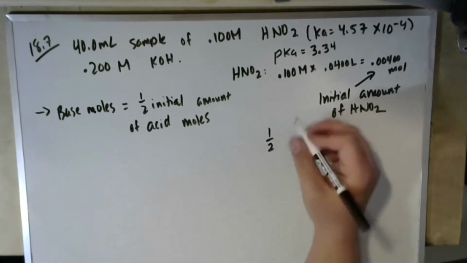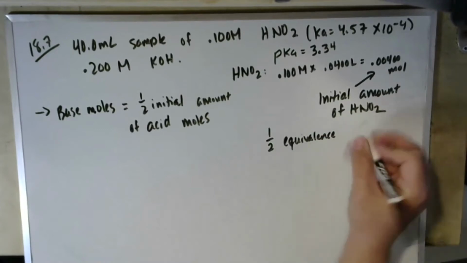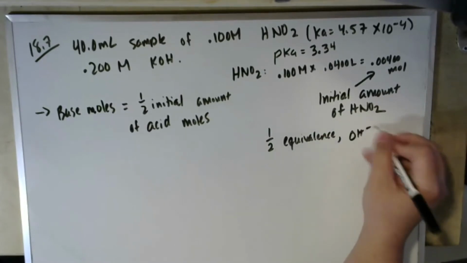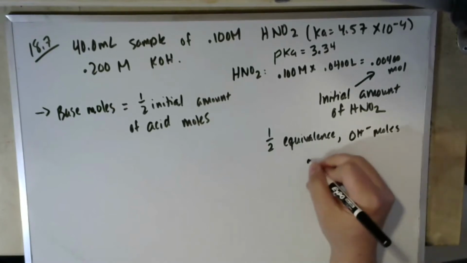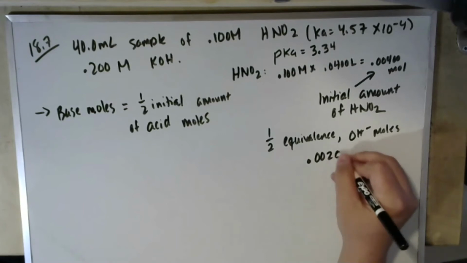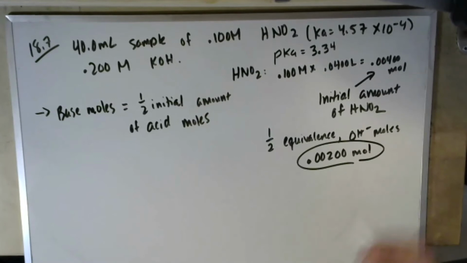So at 1/2 equivalence, our OH minus moles is going to be 1/2 that value, 0.00200.